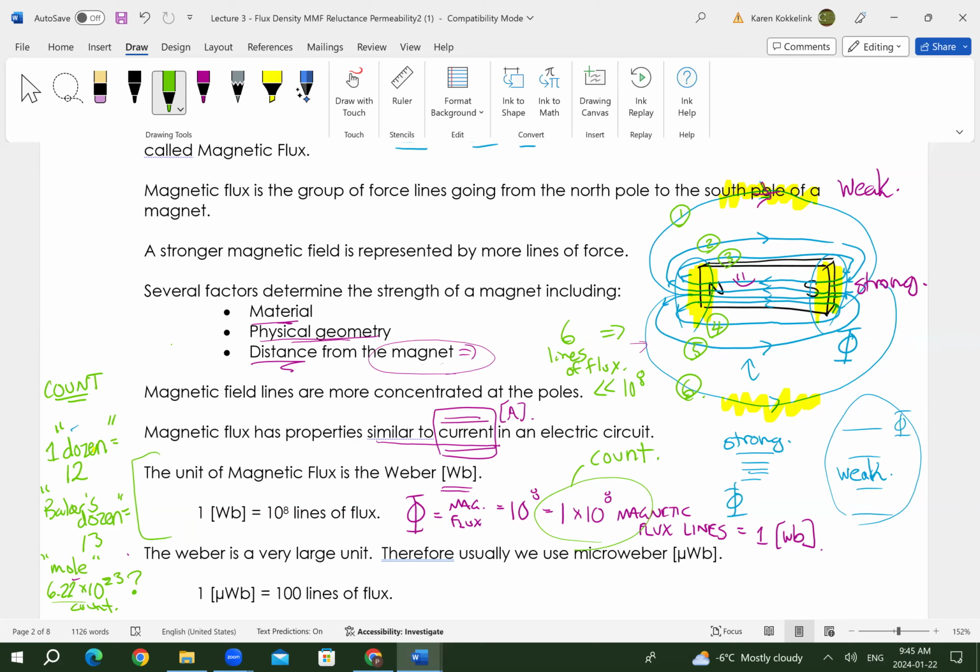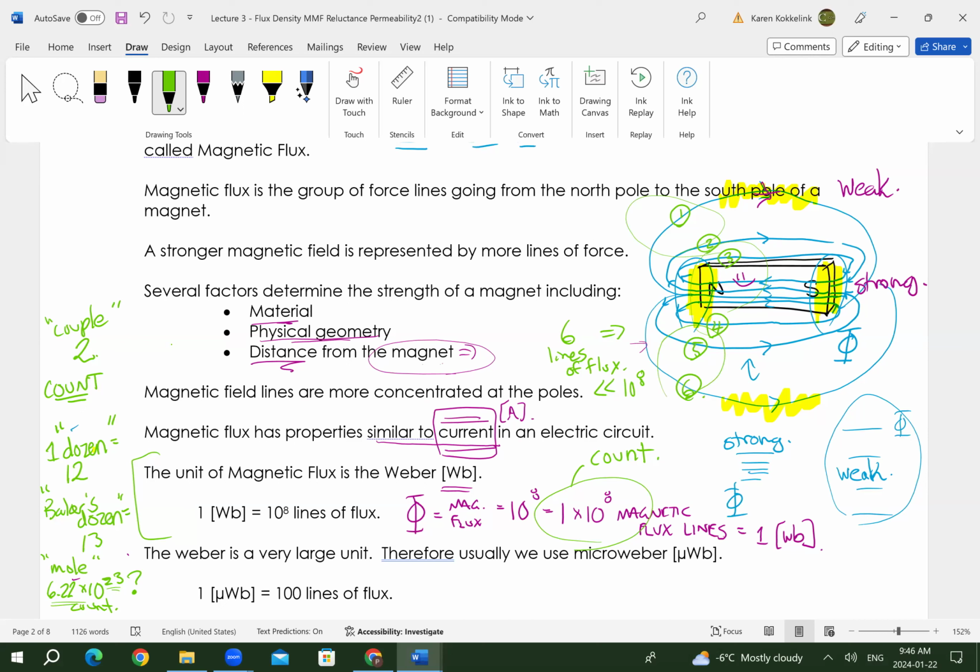It means we have to count a lot of those. That's a big number, right? Couple, in the English language, is a little bit of slang for a count of 2. 1, 2. I have 3 couples of flux lines over here. I have nowhere near 10 to the 8 though.